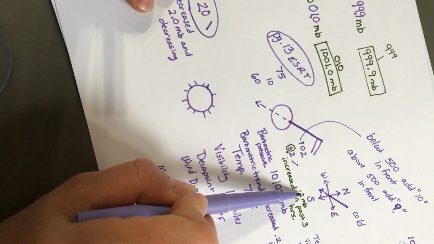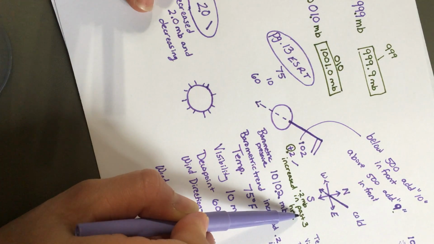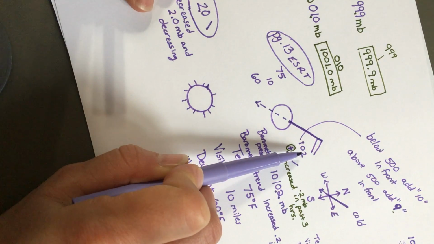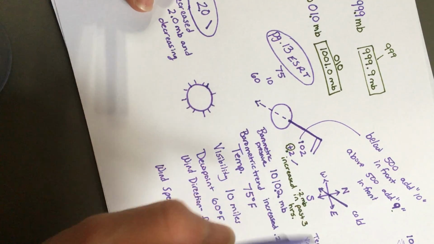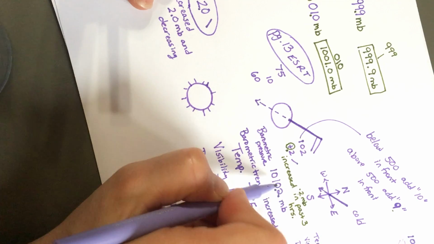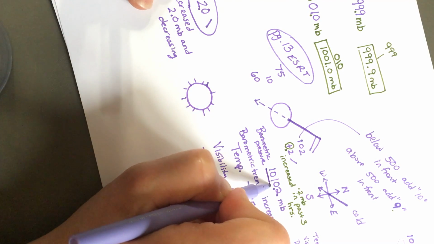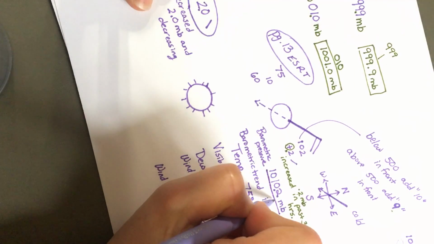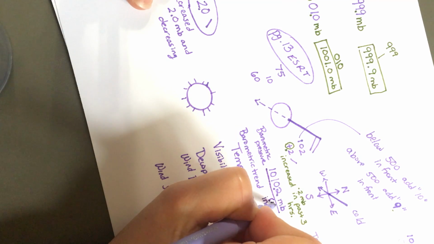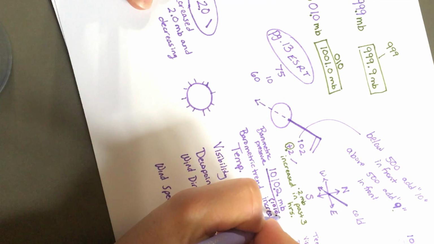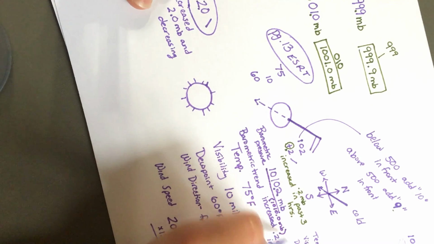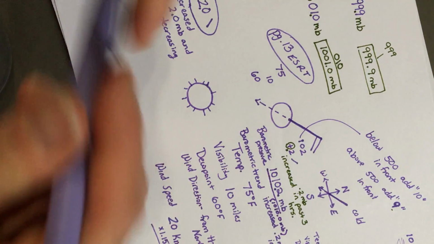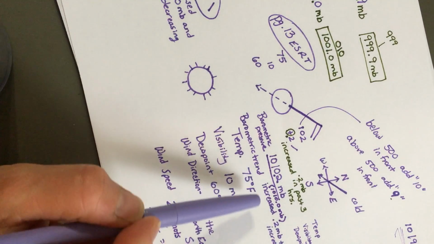If it increased 0.2 millibars in the past 3 hours, then 3 hours ago it was 0.2 millibars less. So if my pressure is now 1010.2, well, 3 hours ago, it was 1010.0 because it went up 0.2 millibars.